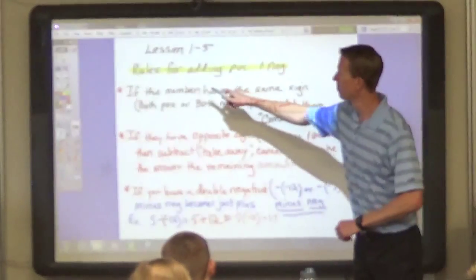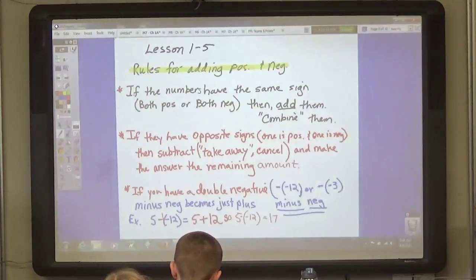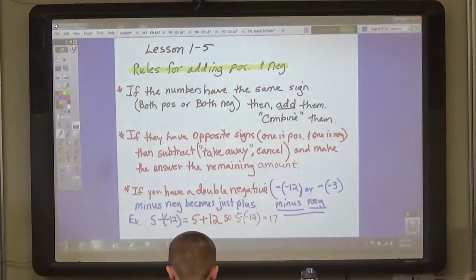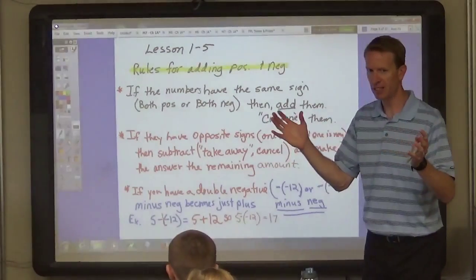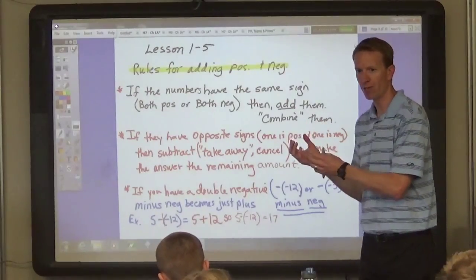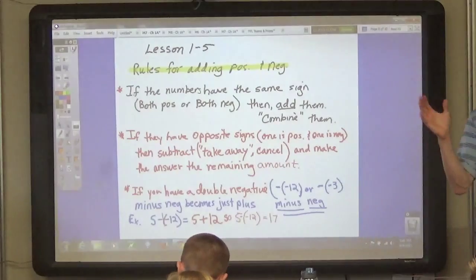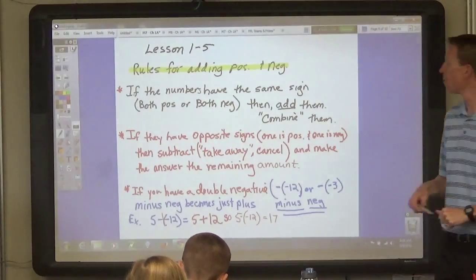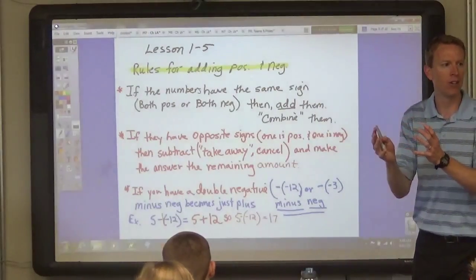3 rules. Number 1, if the numbers that you're adding have the same sign, meaning that if they're both positive numbers, 5 plus 7, you just combine them to get 12. Both are positive, 5 plus 7 is 12, right? If they're both negative, then you also combine their values.